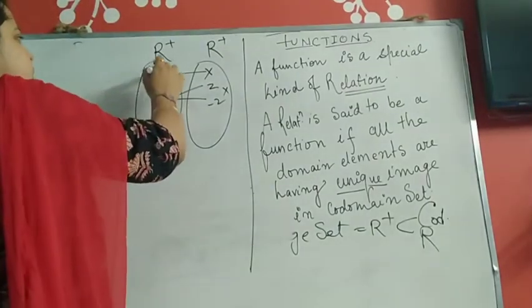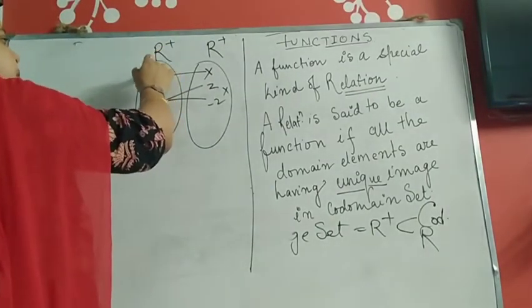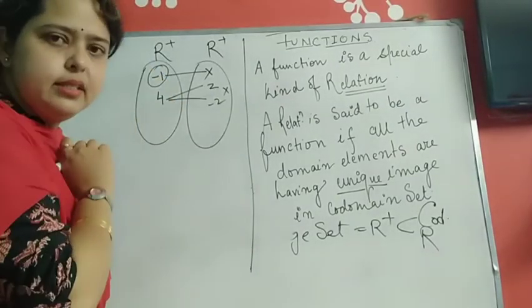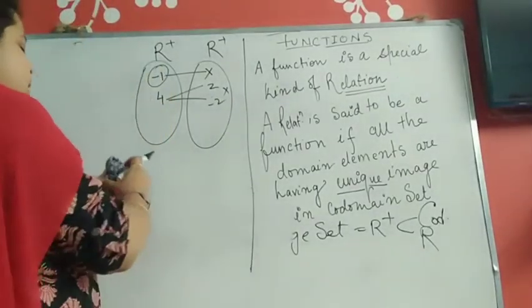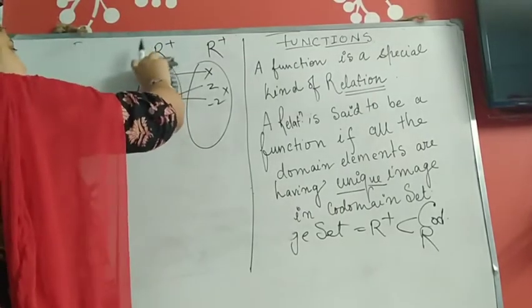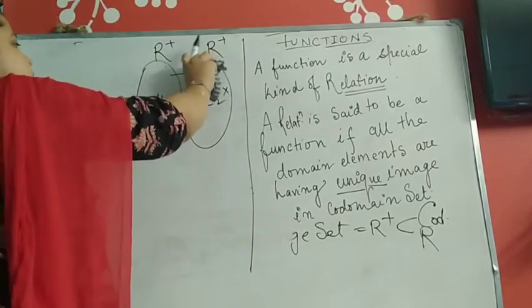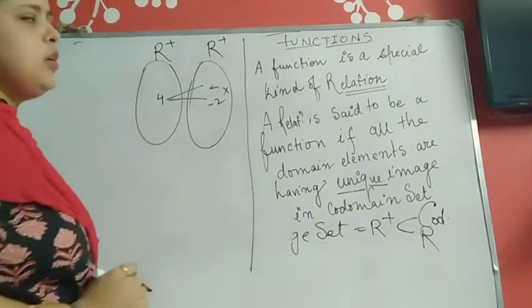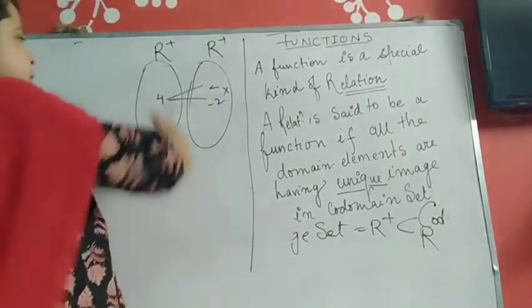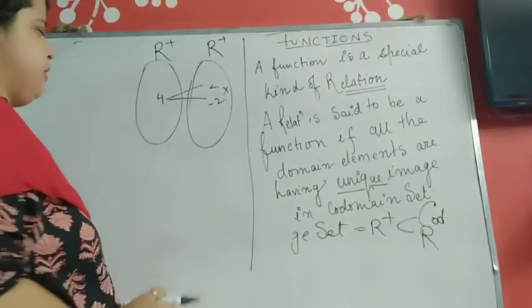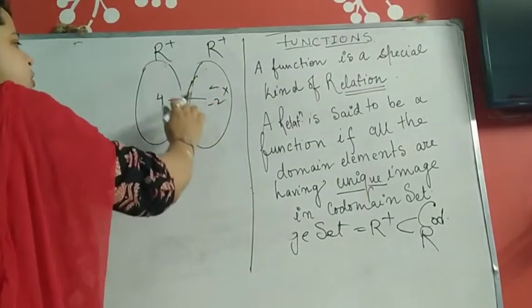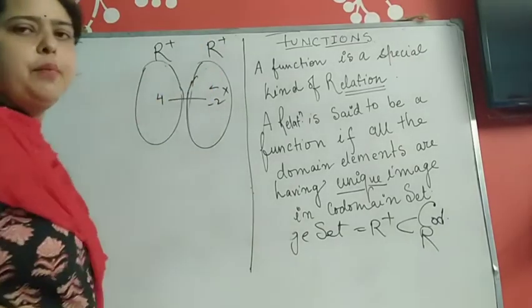If I am not going to accept the negative numbers in the particular domain set, then I don't have to worry about whether these negative elements are going to have images or not. Am I clear? So I rejected all the negative numbers; the domain is made positive. Secondly, I am going to change even the codomain to R positive also.